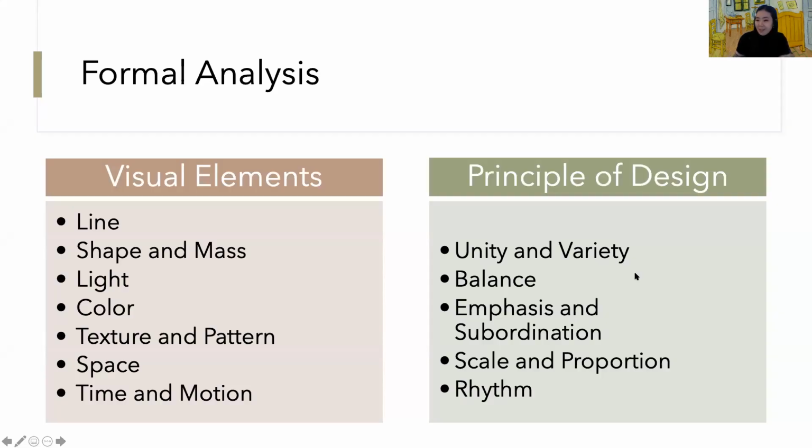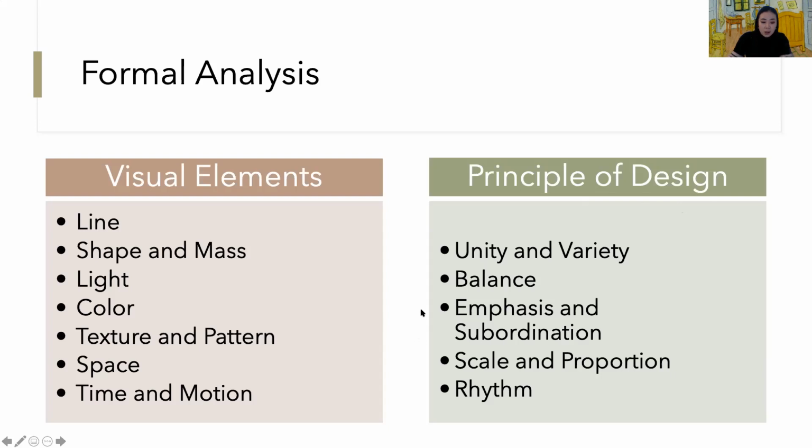So, looks familiar, right? So the formal analysis. We're going to learn four analysis methods, and this is the first analysis type, called formal analysis. It's a method of analyzing a work of art based on the visual elements and principles of design we've learned so far.